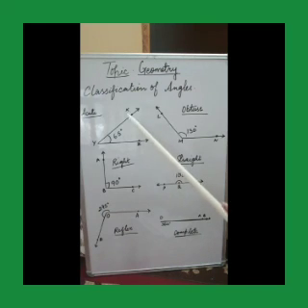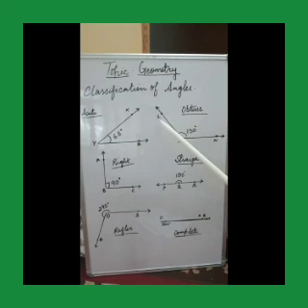As angle XYZ measures 65 degree, it's an acute angle. Obtuse angle. An angle whose measure is more than 90 degree but less than 180 degree is called an obtuse angle. As angle LMN measures 130 degree, it's an obtuse angle.